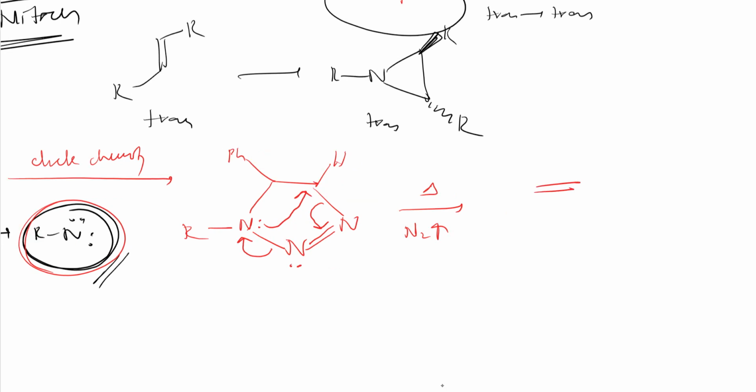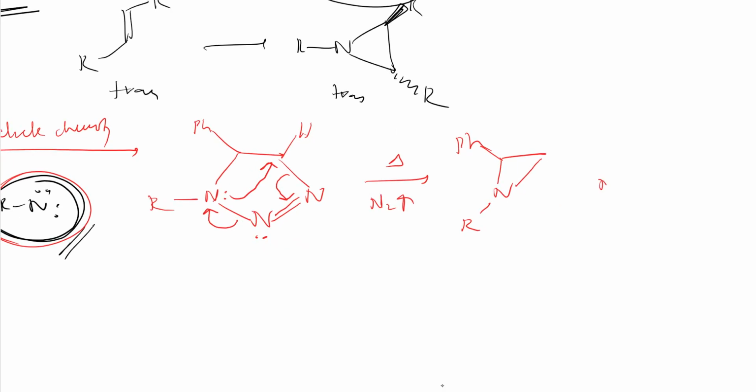So what will I get? I'll get this one. See, this nitrogen attacks this carbon, and here the R group, here the Ph group as it is, and here two hydrogens, no need to show, and here nitrogen gas, N triple bond N, and it went off, right?